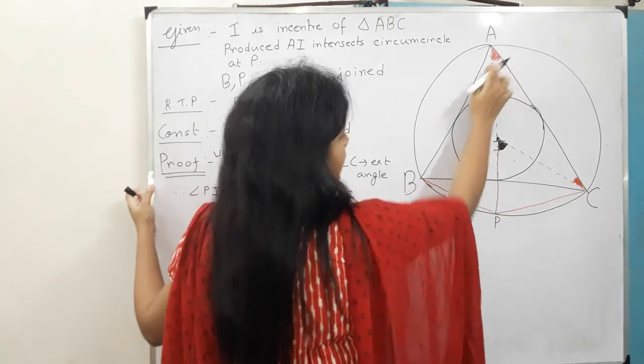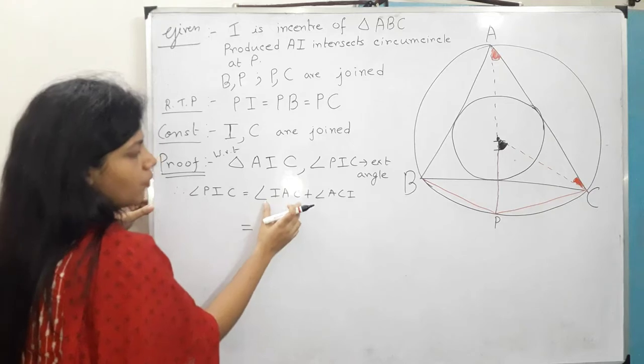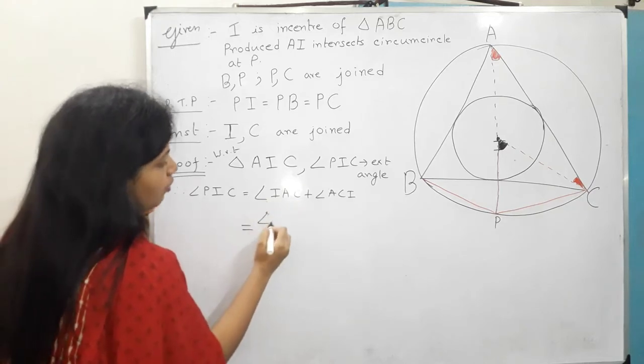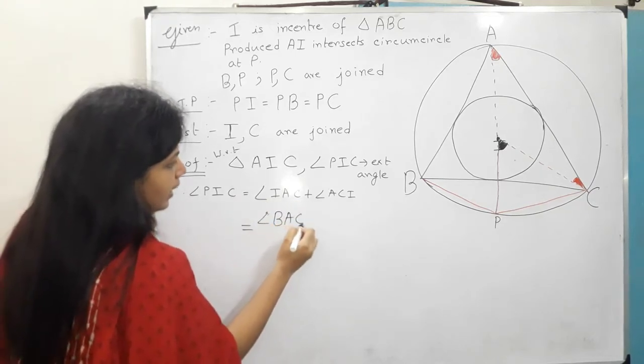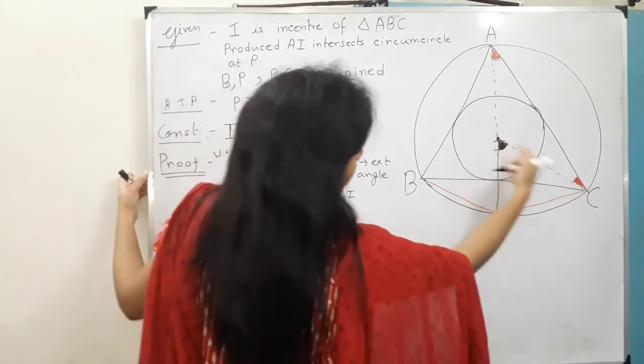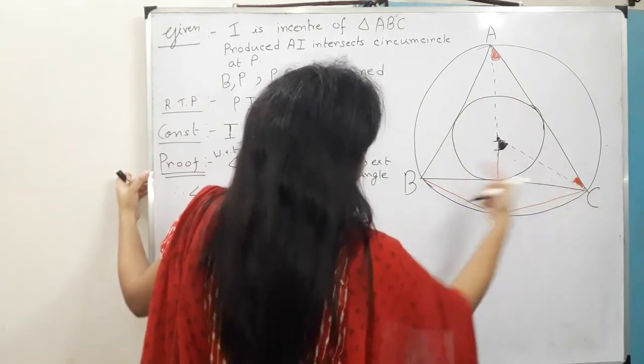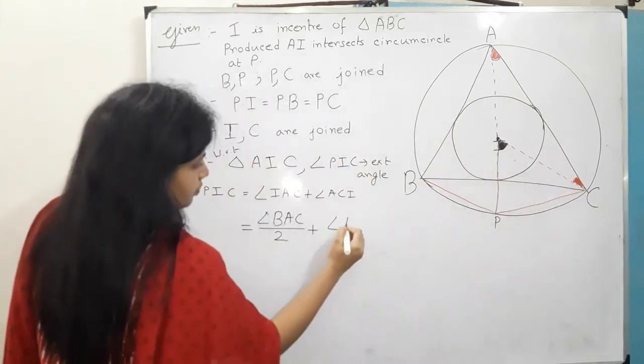So this one is angle BAC by 2. In place of angle IAC, I am writing angle BAC by 2 plus ACI. ACI means this one, so it will be angle ACB by 2.